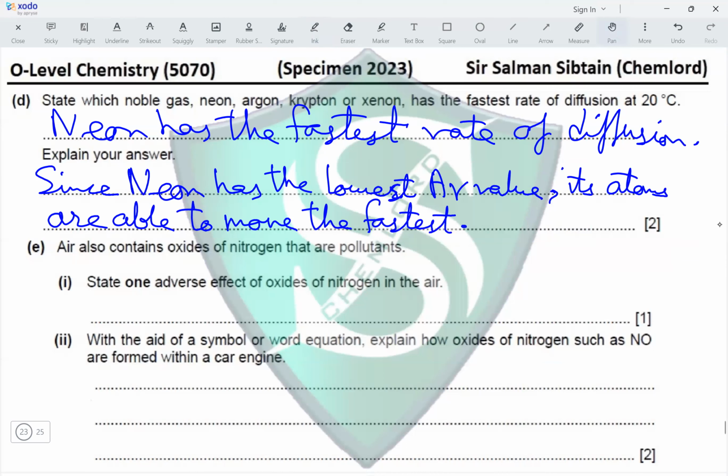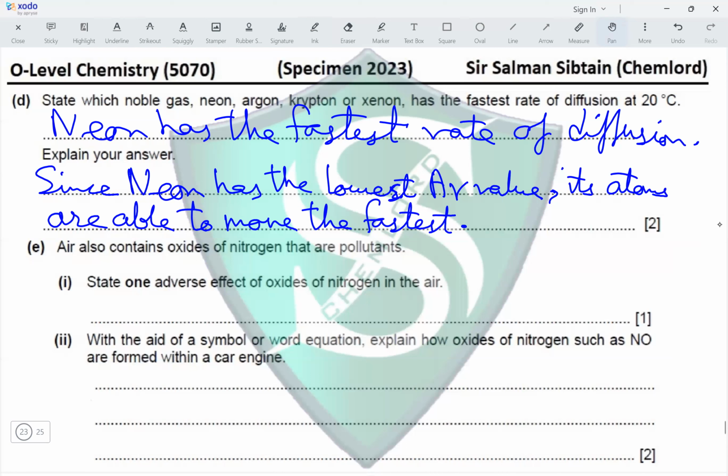Part E. Air also contains oxides of nitrogen that are pollutants. State one adverse effect of oxides of nitrogen in the air. There are two adverse effects of oxides of nitrogen. I will mention both of them here so that you remember these and can recall if asked.